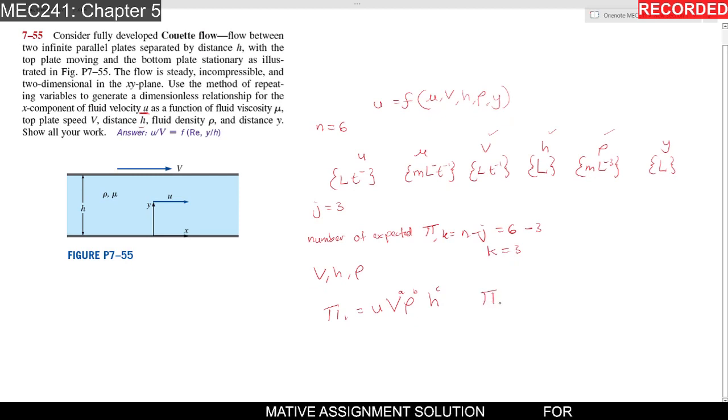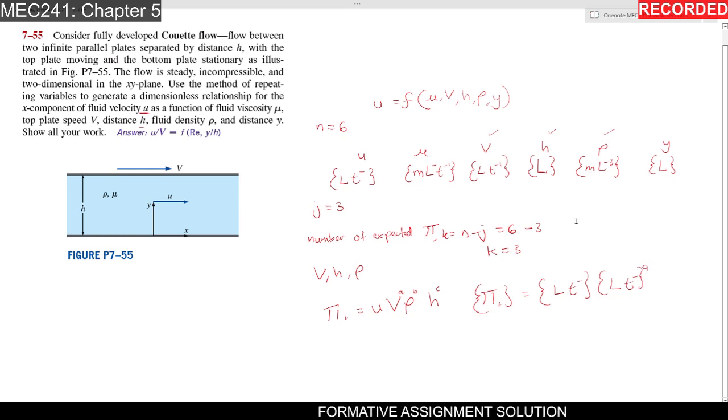Pi 1 equal to, for the u, L t to the minus 1, and for the V, also L t to the minus 1, but with the power of a.